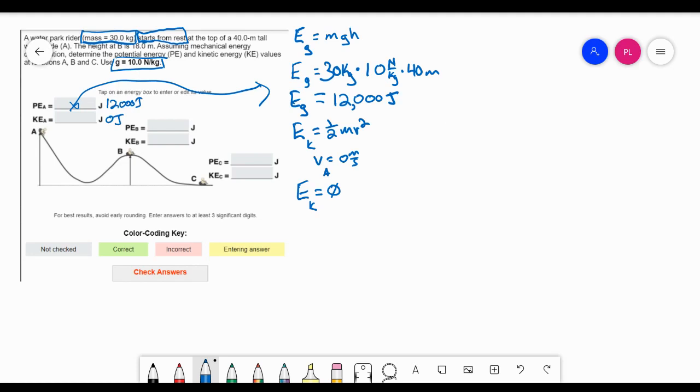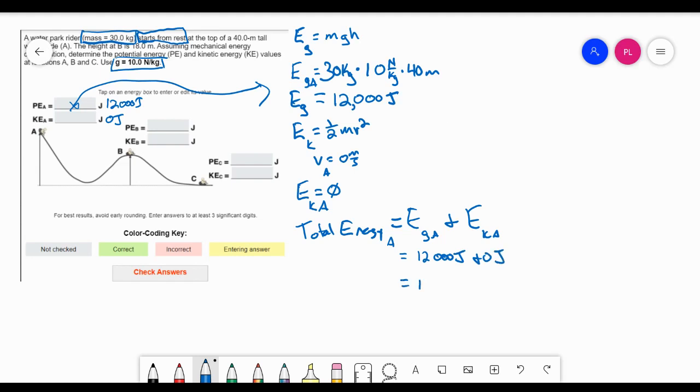The last thing that we know from this, it's kinetic energy at A, gravitational energy at A. We now know that the total energy at A is that gravitational energy at A plus the kinetic energy at A. So that's 12,000 joules plus 0 joules.